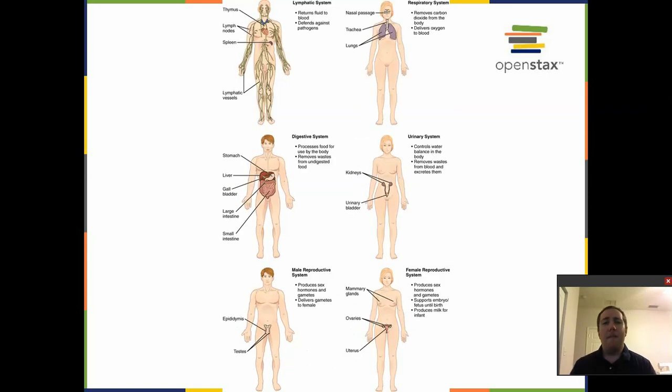We have the lymphatic system, which is yet another one that you may not have even known existed. You've certainly heard of lymph nodes, but you probably have no idea what they do. And you probably don't know that there are lymphatic vessels. Look at that picture.